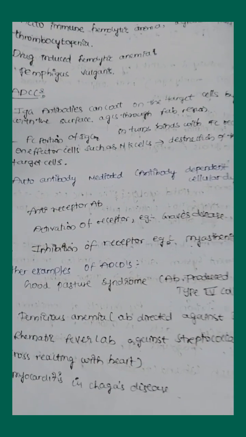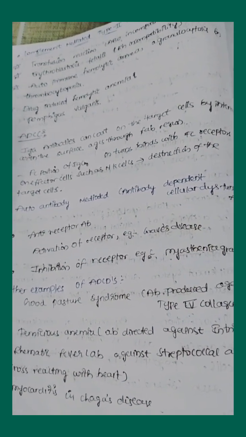So we already discussed extracellular matrix antigens; antibodies will be produced against them, and this is one example of that. Pernicious anemia: antibodies will be produced against intrinsic factor, which is synthesized by parietal cells. Then absorption of B12 will be lost, which will definitely lead to pernicious anemia.